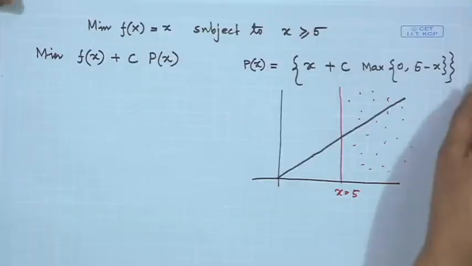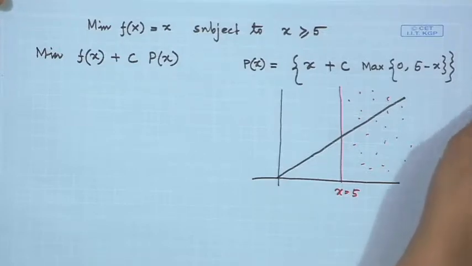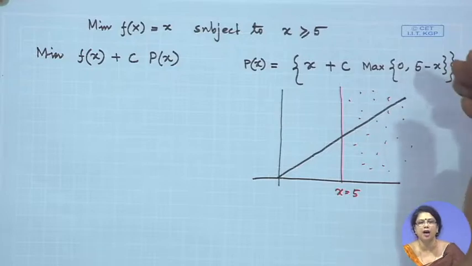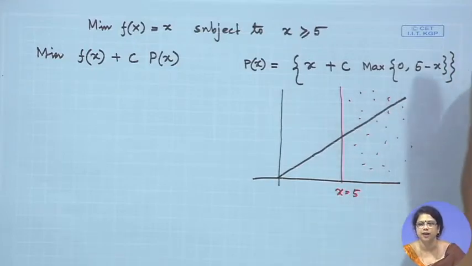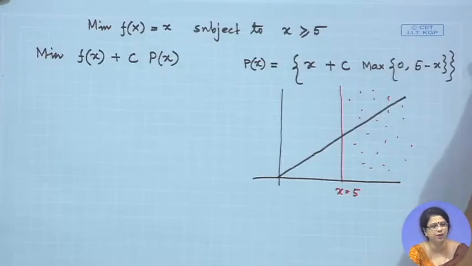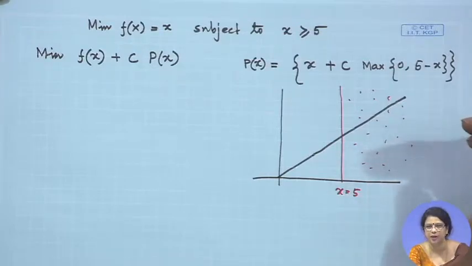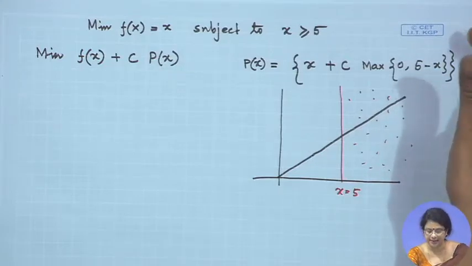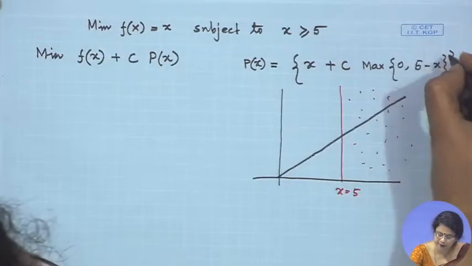That is why, if we consider this penalty function, the penalty function is non-zero if we are out of the feasible space, and the penalty function value is 0 if we are within the feasible space. That is why the penalty value is 5 minus x. Now, you change the penalty function.